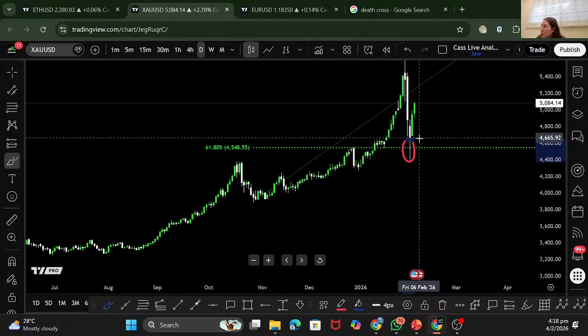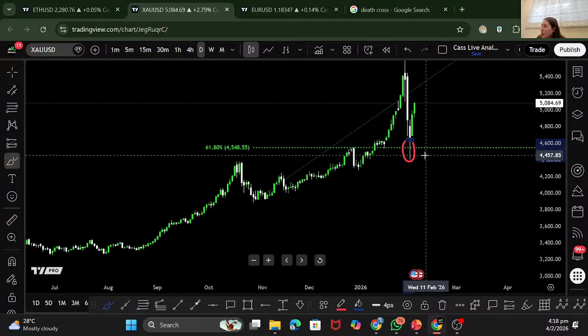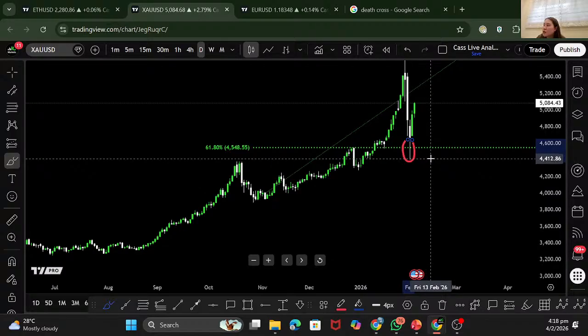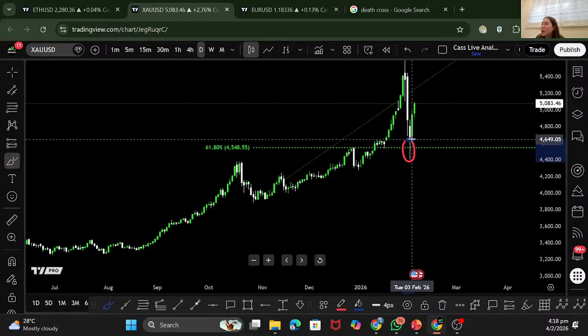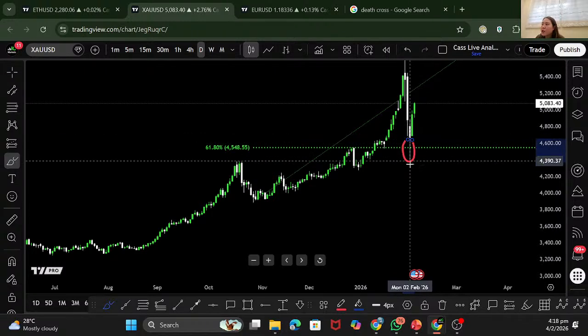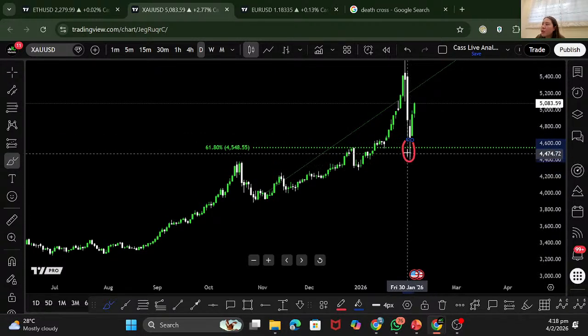The start of this wick is 4665 and the end of it is 4412. That's like a $50 difference, 50 points. So if you don't have a huge stop loss, you are definitely going to get stopped out.